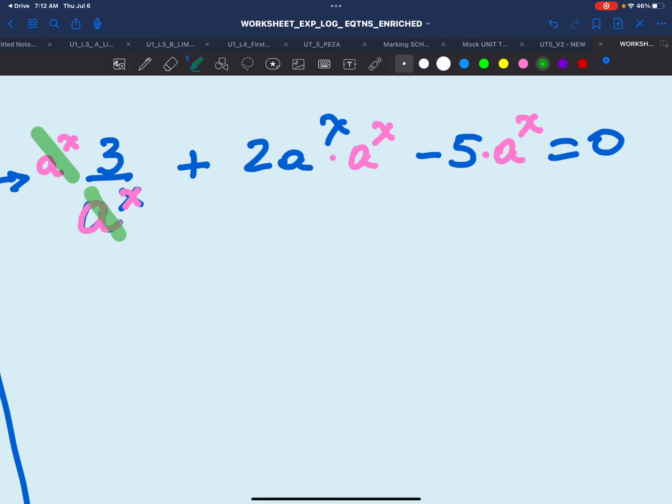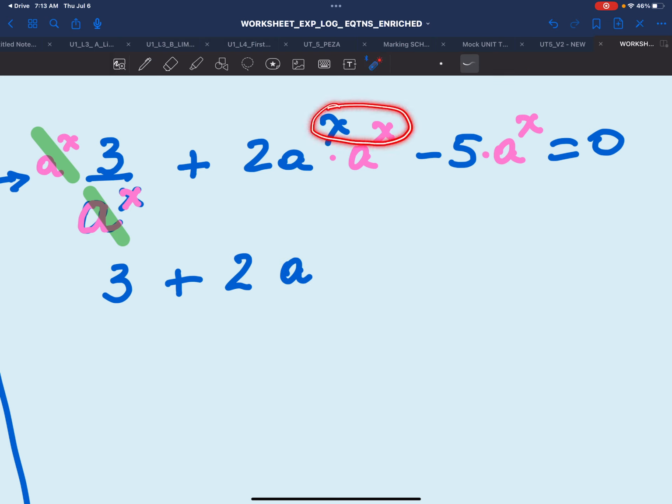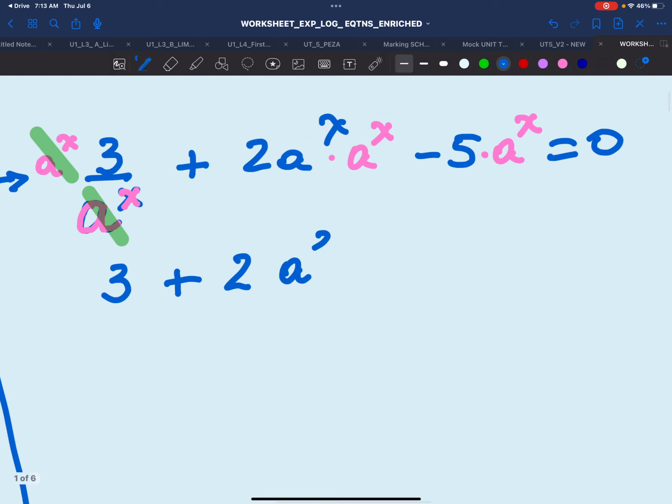So a to the x and a to the x simplify. That would leave us with number 3 here. Now, notice that you have 2a to the x times a to the x. That will make 2, and then a will be to the power of, this is the simple product rule, x plus x, which would be equal to 2x, and then minus 5a to the power of x.